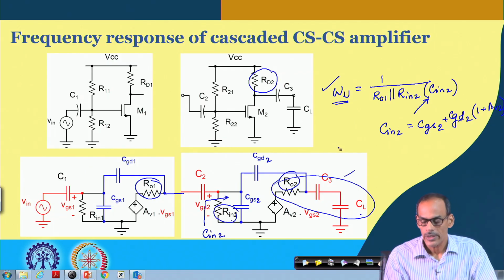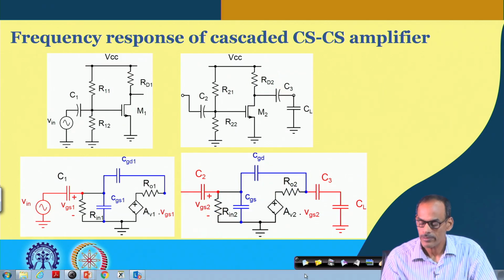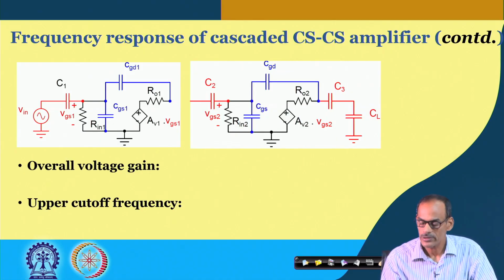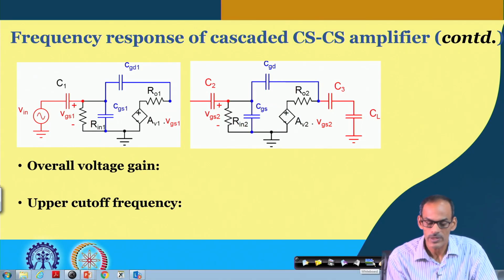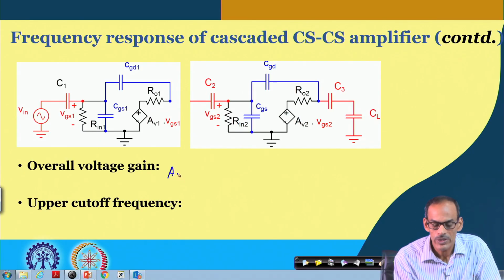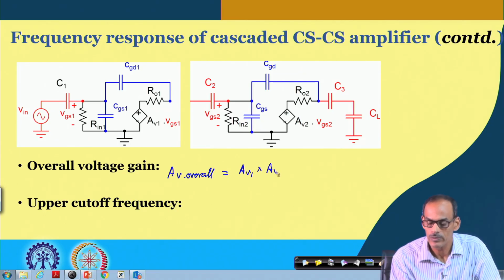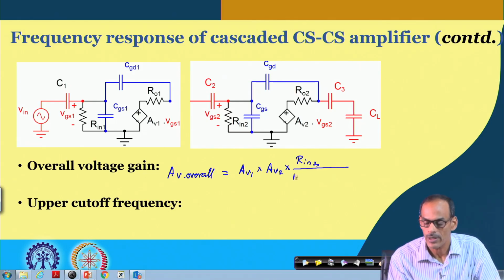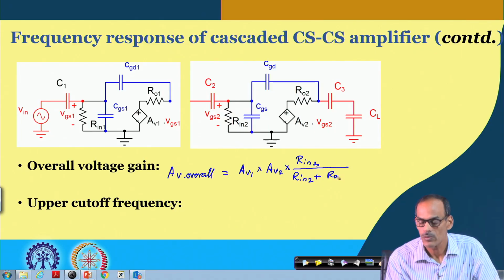So again, to summarize, in the next slide we will consider the effect on the overall gain AV. That is AV1 multiplied by AV2 multiplied by Rin2 divided by Rin2 plus RO1.